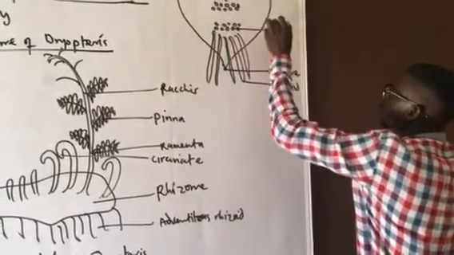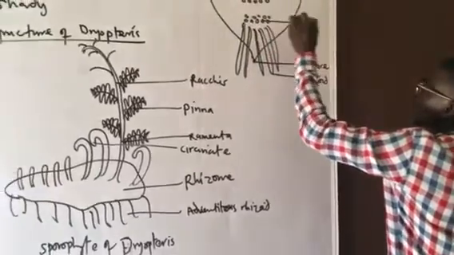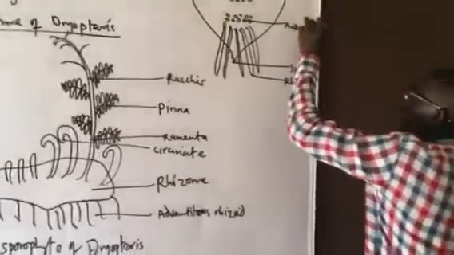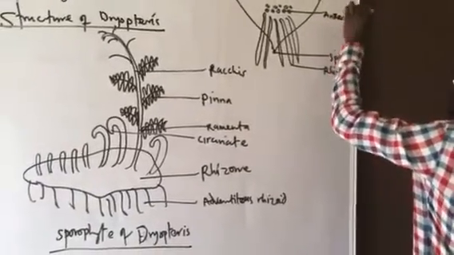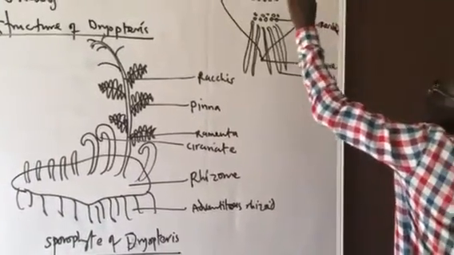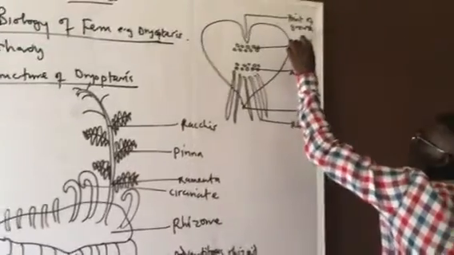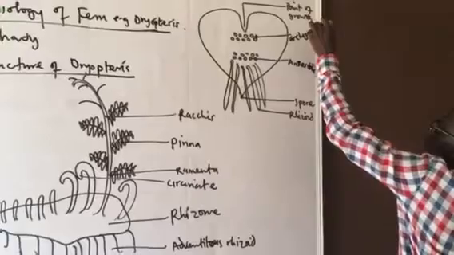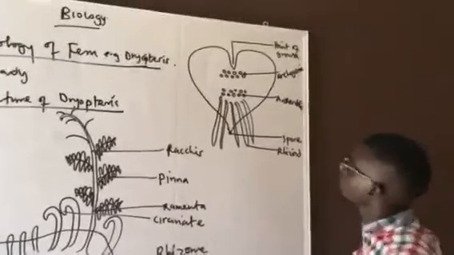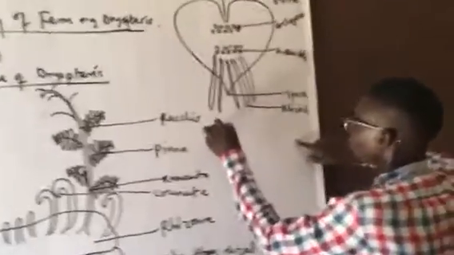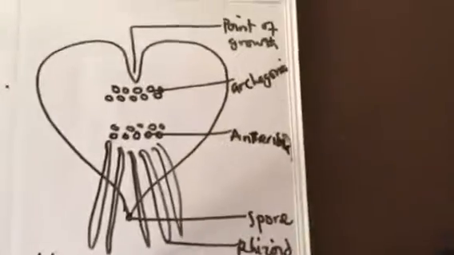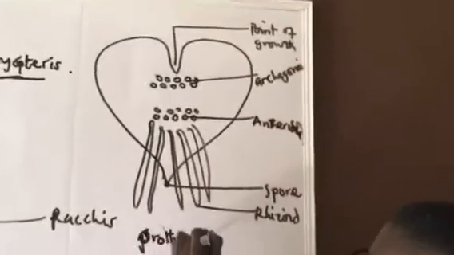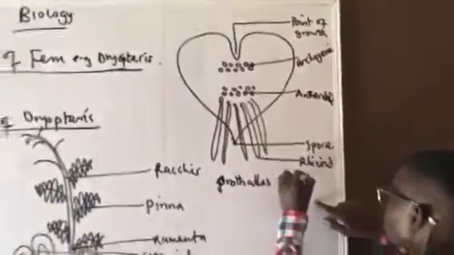We have the antheridium. That is the male, the antheridia, the male reproductive part, while we have the archegonia. That is the female reproductive part. So this is the structure of prothallus. Prothallus of Fern, prothallus of Dryopteris.